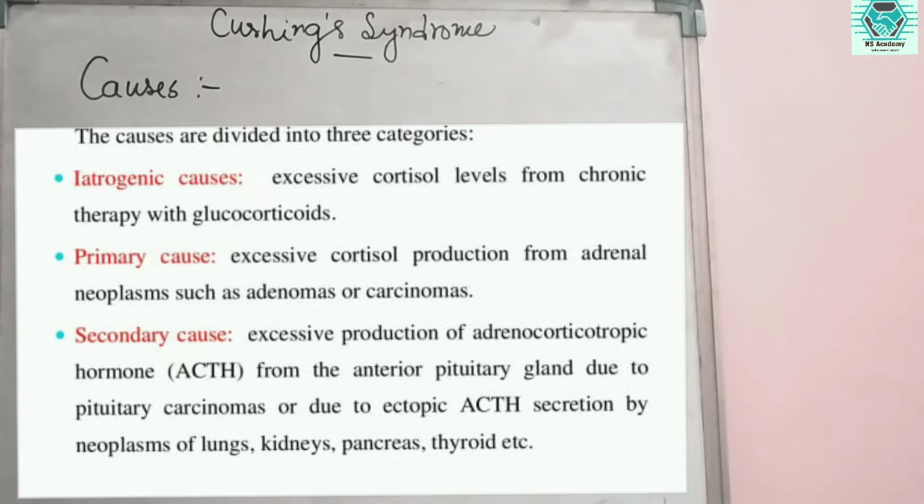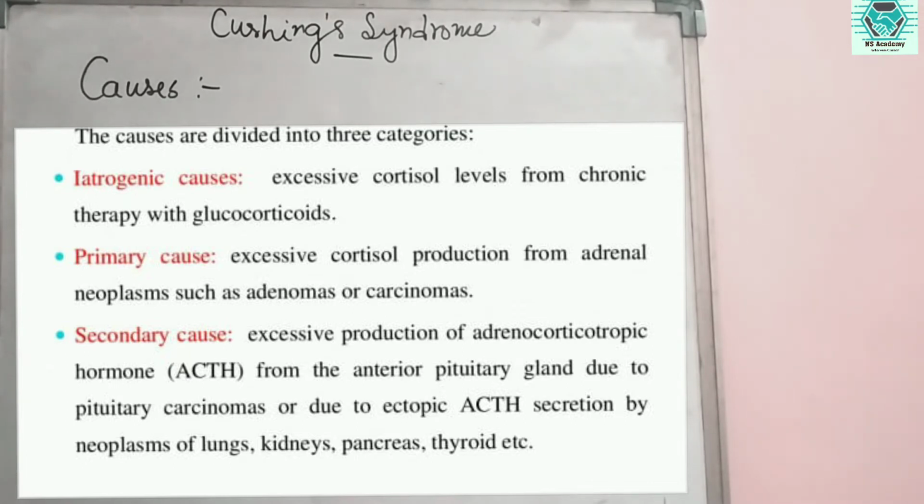The secondary causes are excessive production of adrenocorticotropic hormone, that is ACTH. And we know that the ACTH is secreted from the anterior pituitary gland. Due to pituitary carcinoma or due to an ectopic region, the ACTH secretion increases.